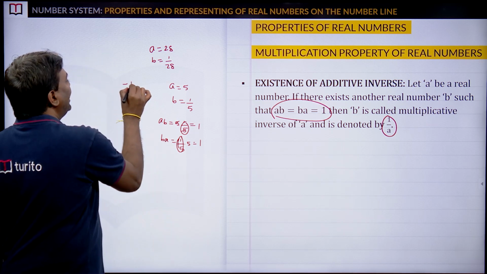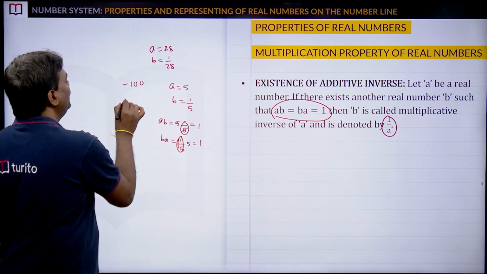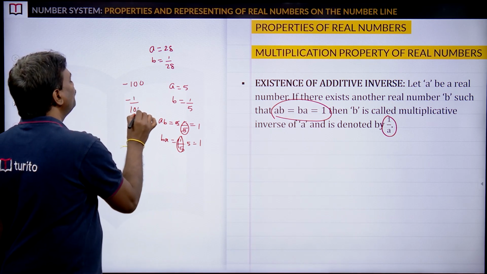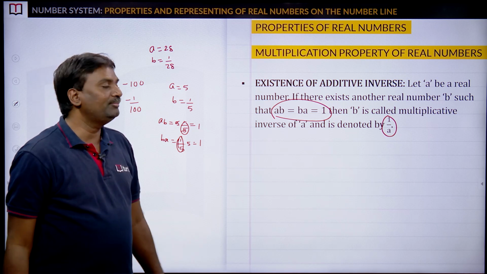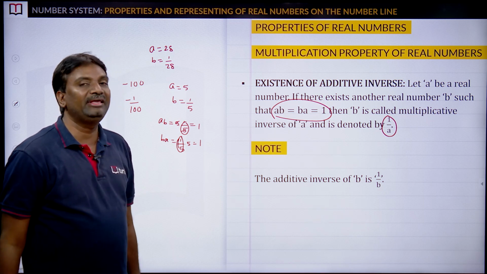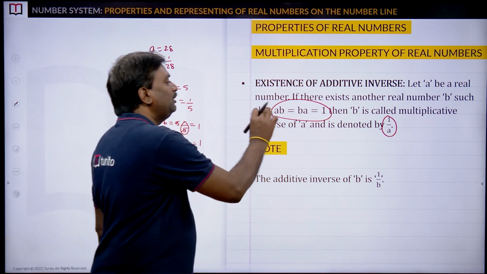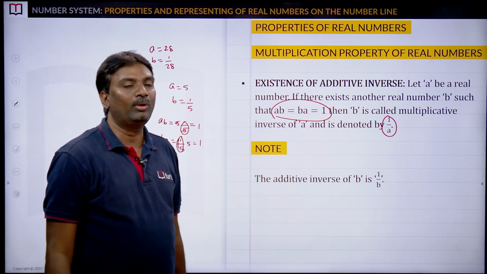If minus 100 is there, what is the reciprocal of minus 100? Very simple, you can take minus 1 by 100. Just take the reciprocal of the given number. Here we have one note: the multiplicative inverse of A is 1 by A, and the multiplicative inverse of B is 1 by B.